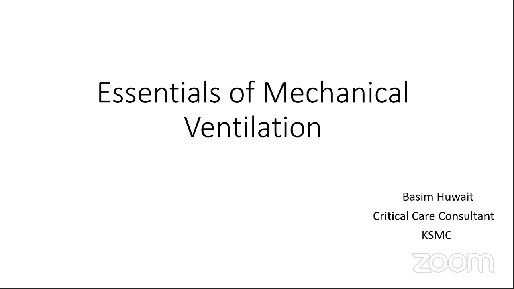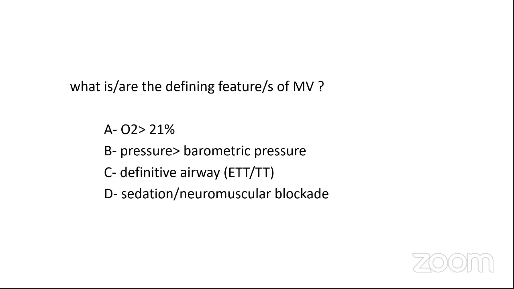I'll try to make this short, and as you may have noticed, I changed the subject from basics to essentials of mechanical ventilation. This is because I tried to cut short whatever I thought you would not be interested in, being non-intensivists, probably or possibly serving in ICU for some time. Starting with the introduction, I always like to start with this question. This question, I feel, illustrates the most important thing that I always like to deliver in this lecture. What is the defining feature of mechanical ventilation in your opinion? Is it oxygen, pressure, a definitive airway, which means an endotracheal tube or tracheostomy tube, or sedation?